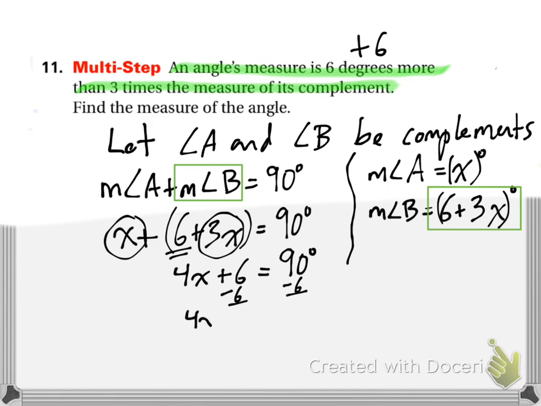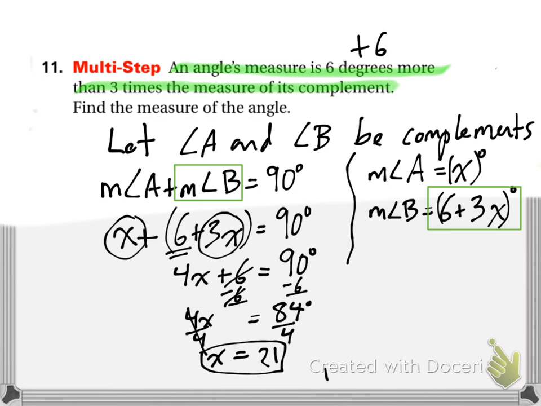And we are left with 4x equals 84 degrees. So we divide both sides by 4. X is equal to 21. Alright, so got that part done. We're actually not done yet.